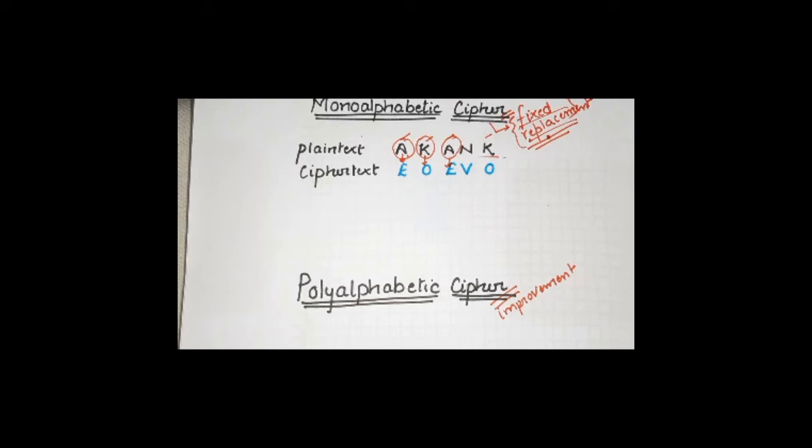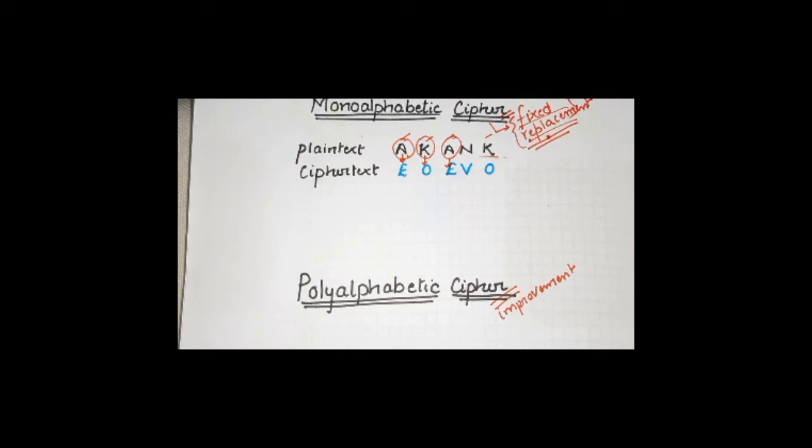It was vulnerable to guessing what the plain text would be. If you have a sufficiently large ciphertext, it will be easy for you to guess the plain text in the case of monoalphabetic cipher, and that disadvantage was overcome by polyalphabetic cipher.